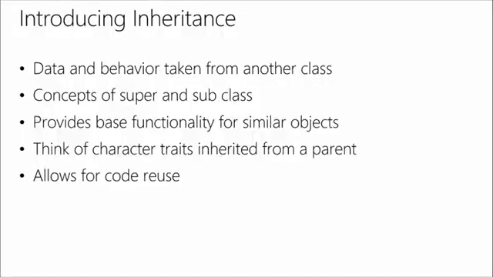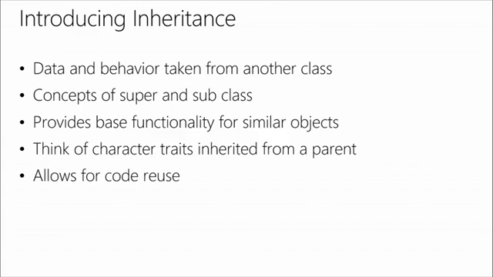And if you take a look at the color of your eyes, the color of your hair, and some of your mannerisms, the way you speak, the way you do certain things, those are typically inherited from a parent, from a grandparent, right? And classes kind of function the same way. So when we talk about inheritance in object-oriented programming, the data, which is the attributes, and the behavior are taken from another class.